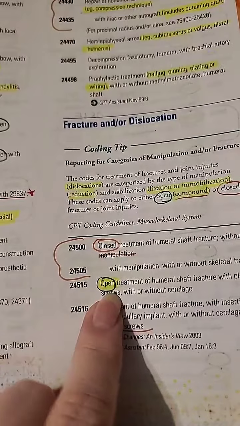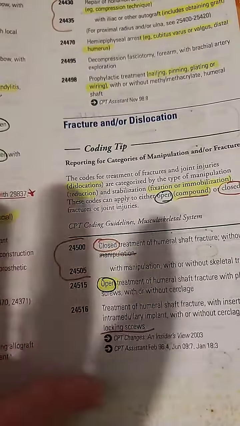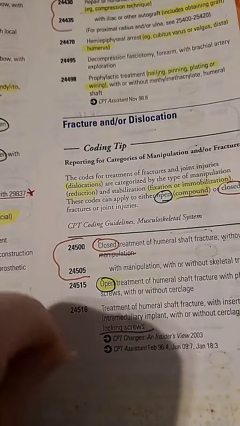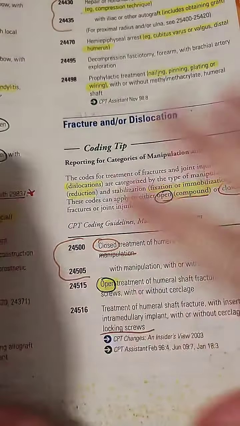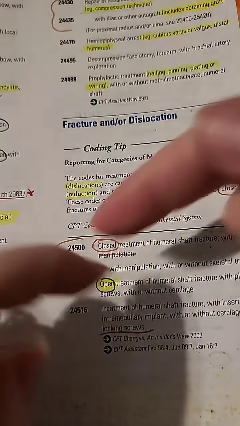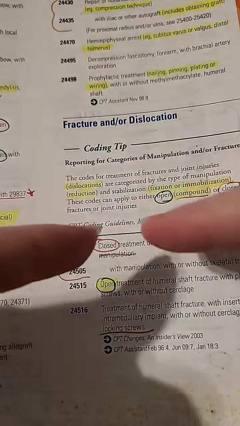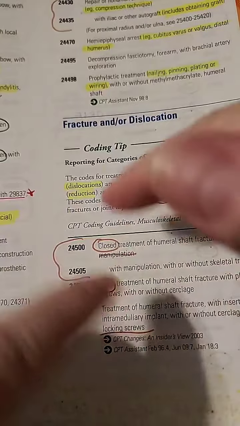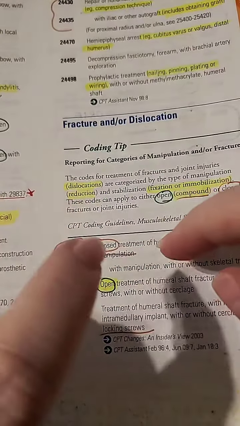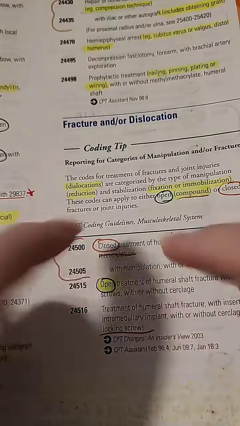An open procedure is when a doctor can physically see whatever it is with their eyes, meaning we've cut them open and we can look at them with our eyeballs. A closed procedure is when I stick cameras in you on these two sticks and I can look and fix your problem with my camera's eyes and not my physical eyeballs.